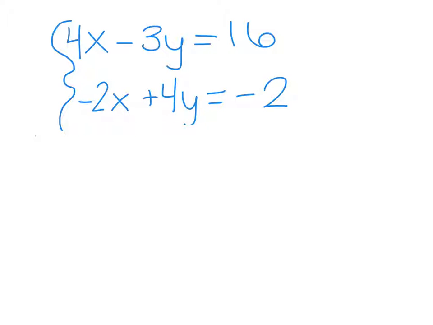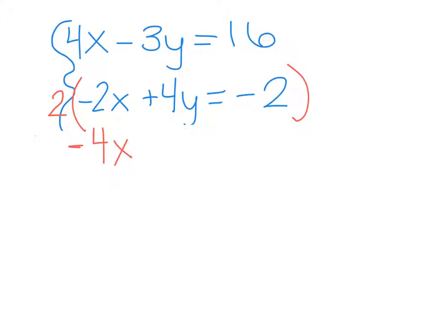So in this case, I want to multiply this bottom equation by 2. I choose 2 because when I do 2 times negative 2, I'm going to get negative 4x. And when I consider the top equation added to the bottom equation, those two will cancel each other out, which is what I want.